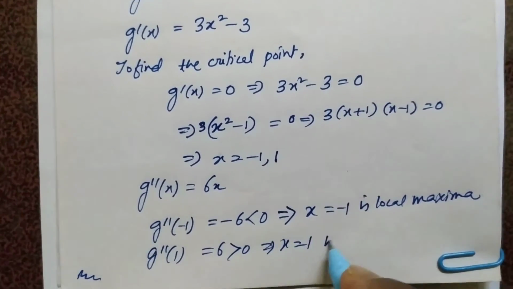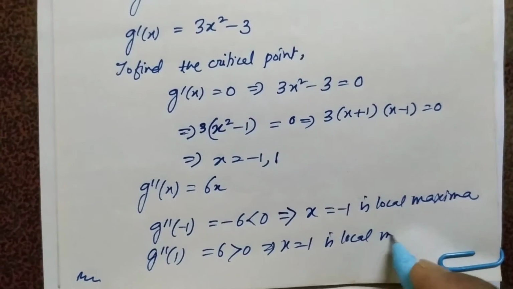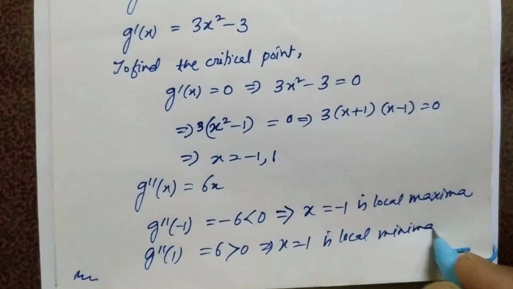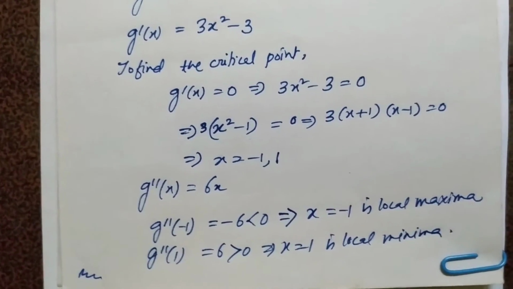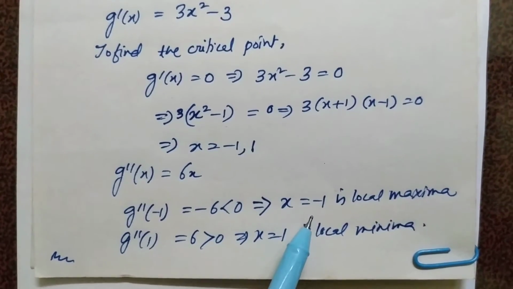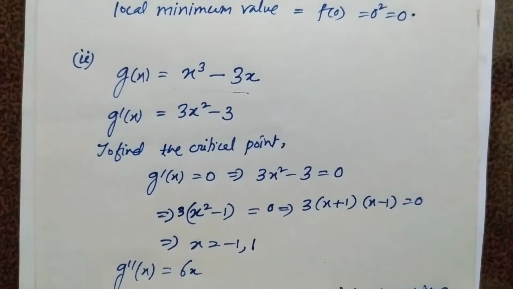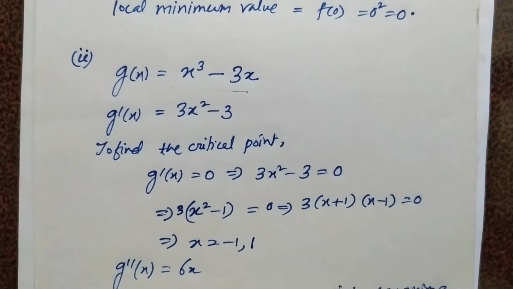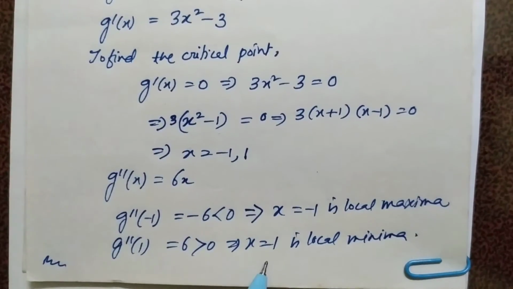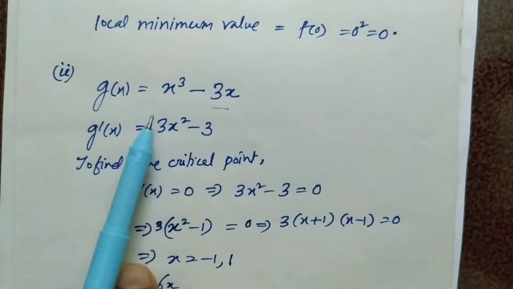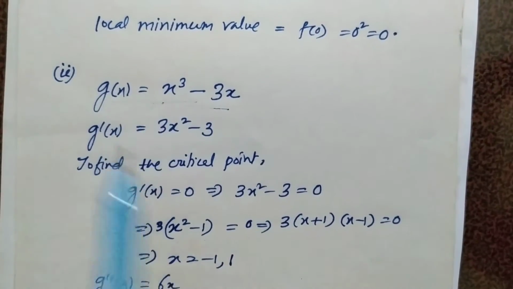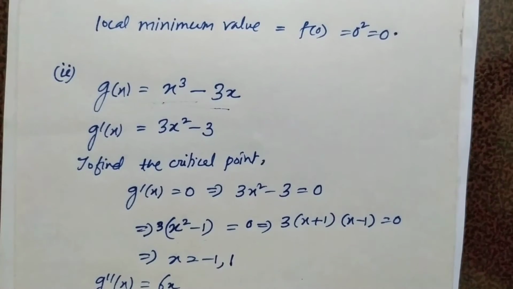So x equal to 1 is local minima. And accordingly, putting the value of x equal to minus 1 in the function here, we get the local maximum value, and putting x equal to 1 in the original function g(x), we get the local minimum value.